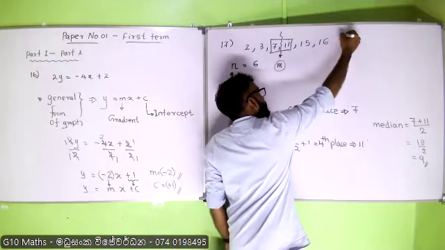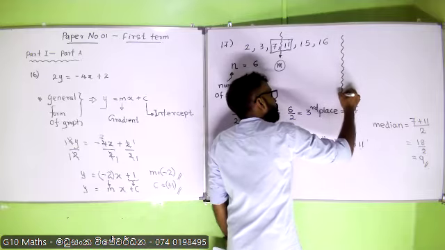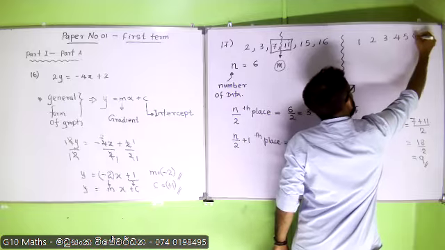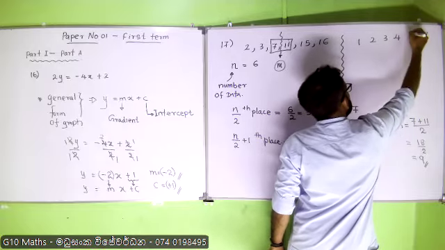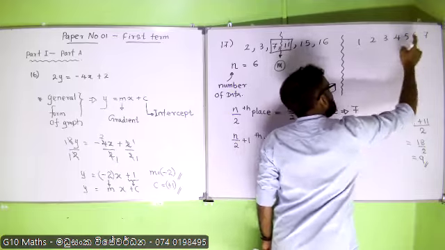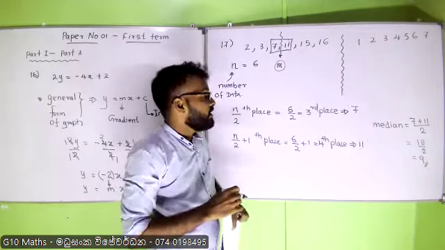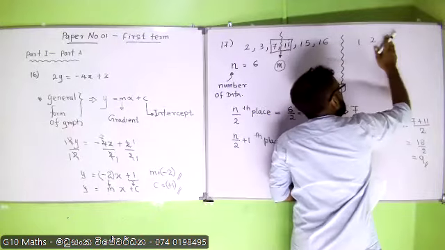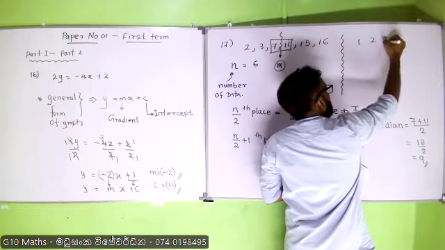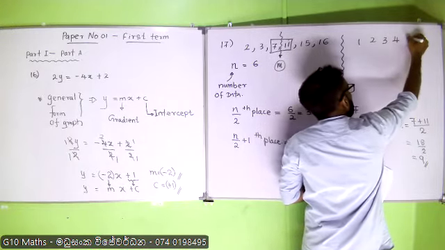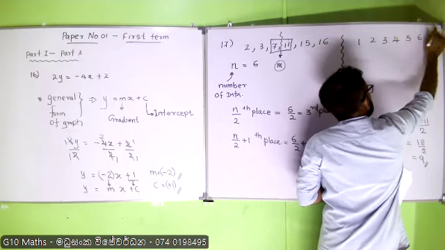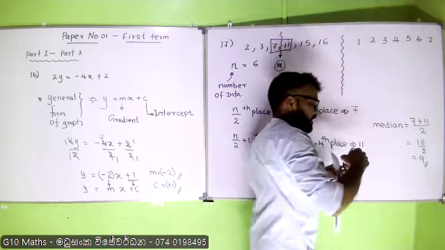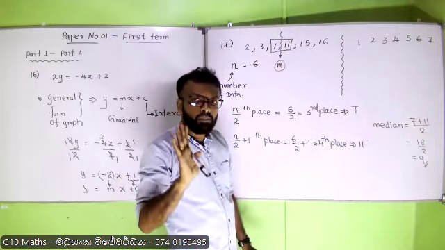When you have an odd number of data, like 1, 2, 4, 5, 6, 7, there are 7 data. That is an odd number of data.